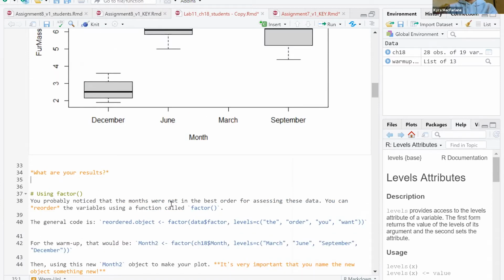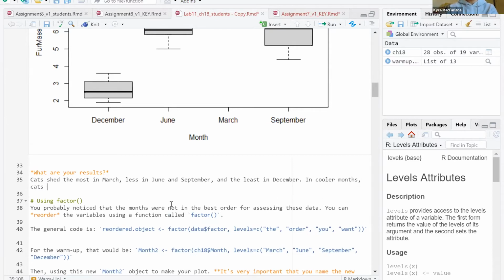That means that cats shed the most in March, less in June and September, and the least in December. If you wanted to take that a step farther, you could think about biologically why that might be. You could say in cooler months, cats build their coats.